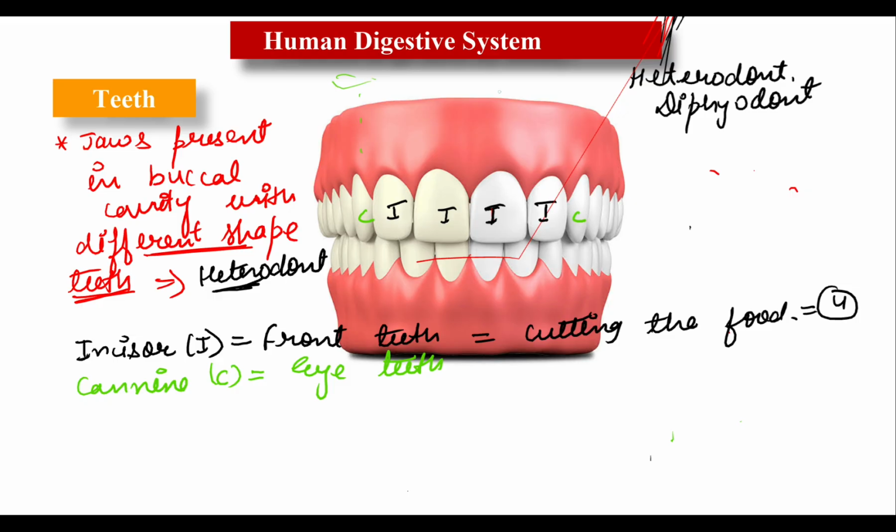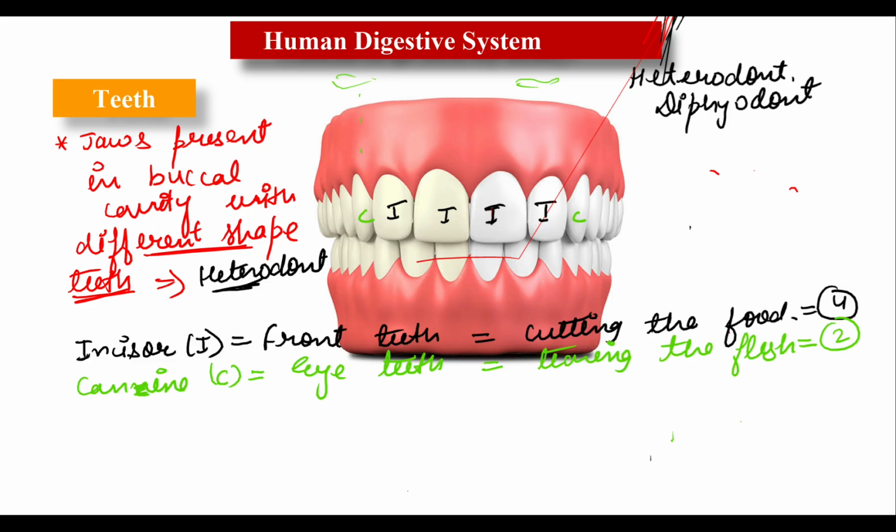The eye is present somewhat here. That's why they are known as eye teeth. Canine will be a single N, not double N. Canine teeth are for tearing the flesh.